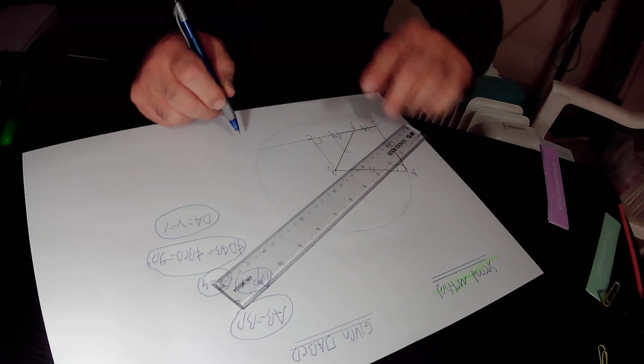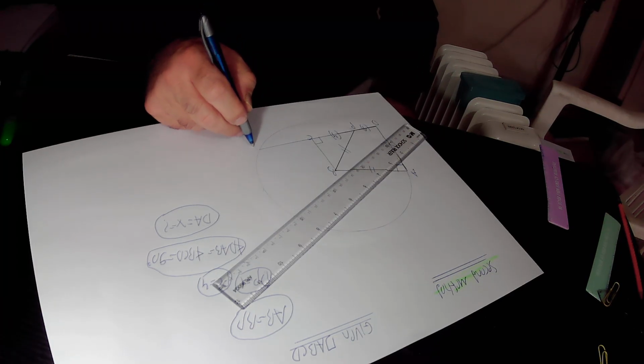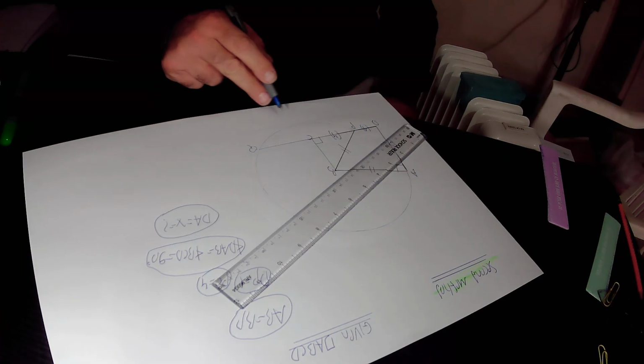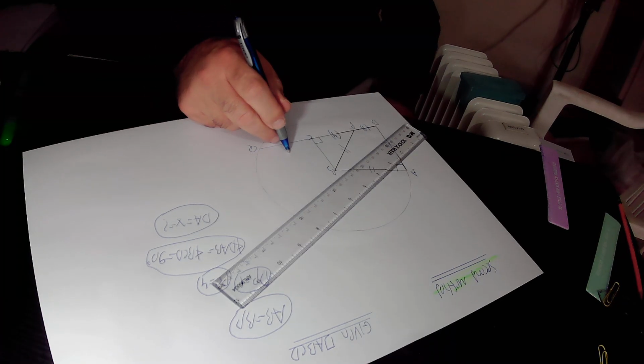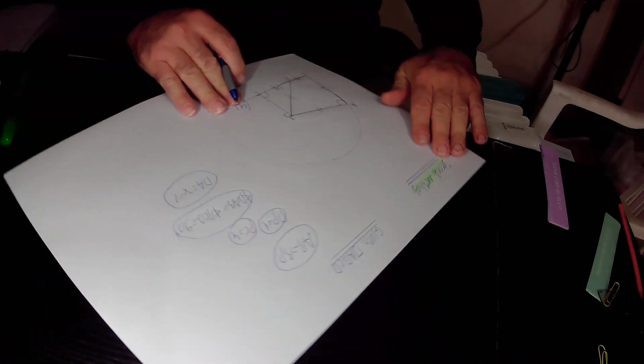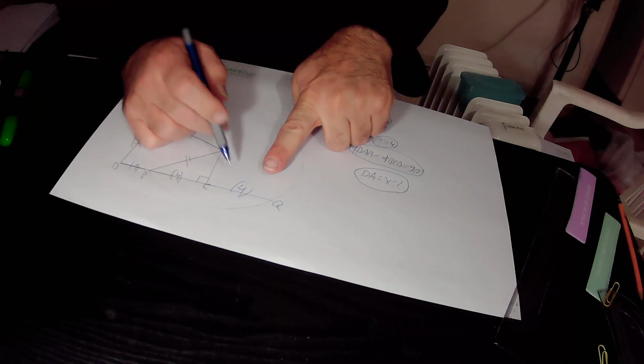And we will define the edge of the extended line segment. This extended line segment, this point is point Q. So CQ equals 4 units according to our construction.